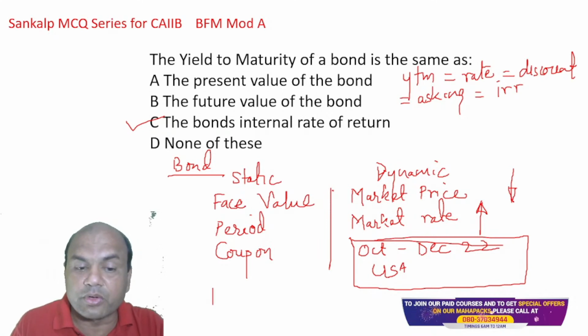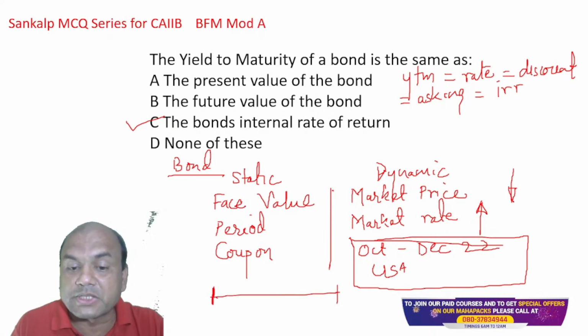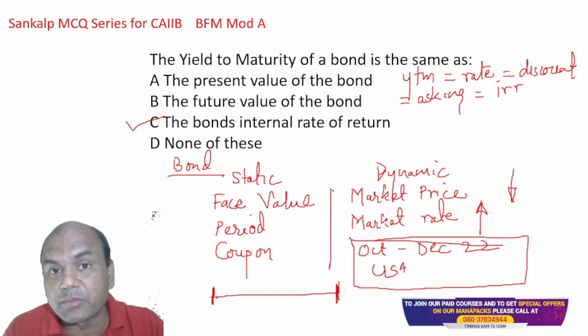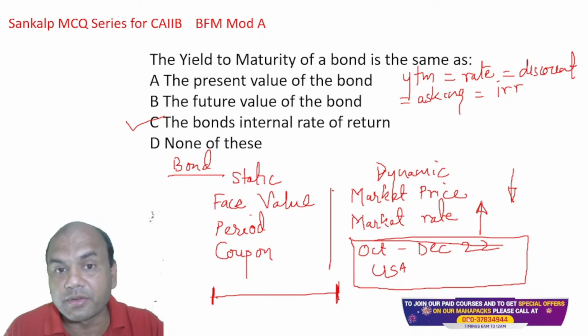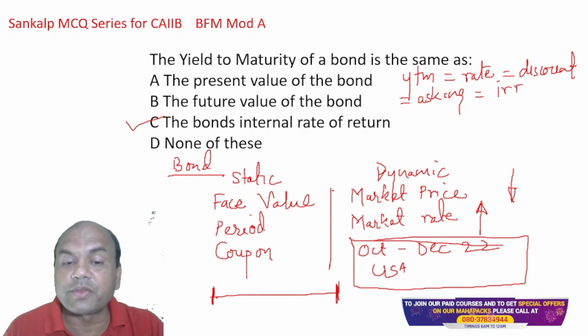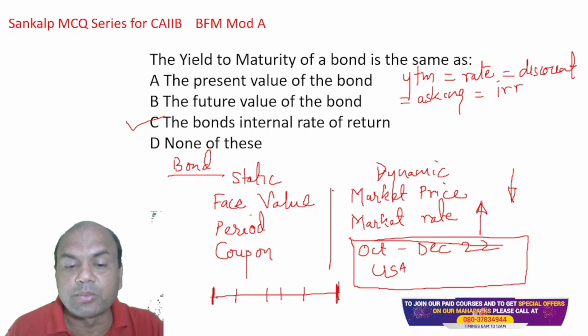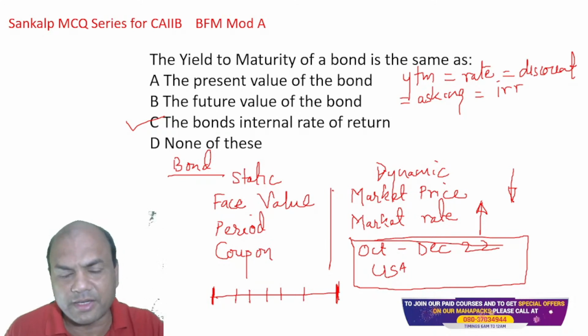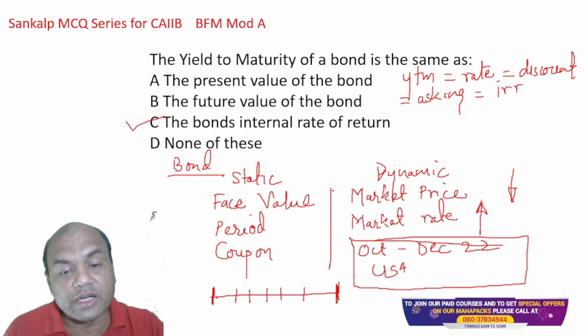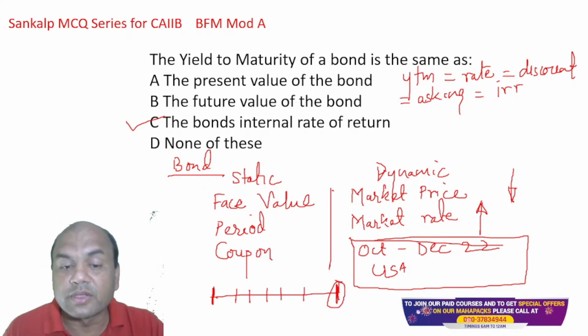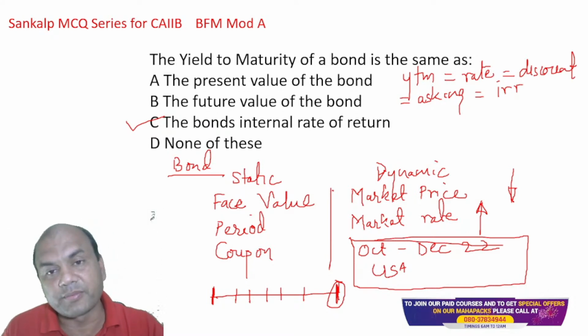Suppose I buy this bond today and keep it up to maturity, meaning I am not selling that bond till the end. So what will I get in this? Every year, or every 6 months, whatever is decided, I'll be getting a coupon, a fixed rate of interest, and in the end I'll be getting the complete face value also. So this is known as the bond's internal rate of return, or YTM.